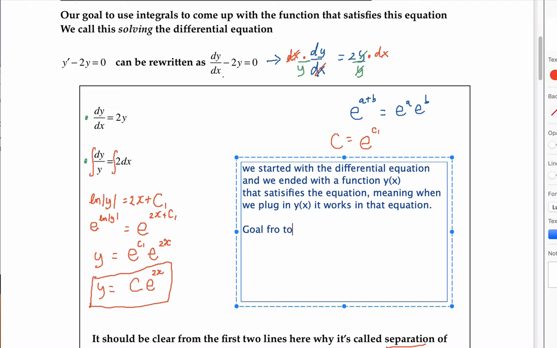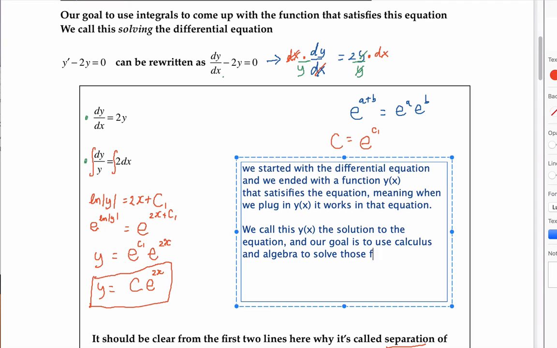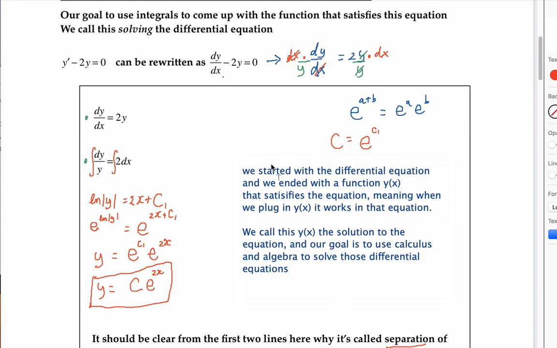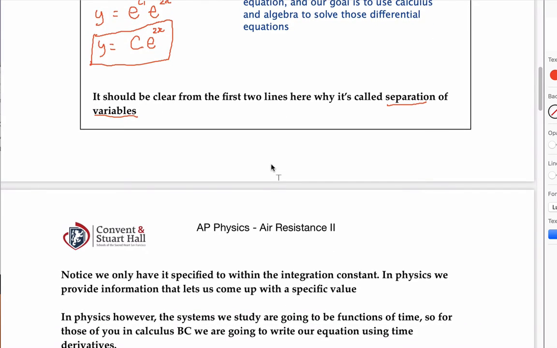We call this y of x the solution to the equation, and our goal is to use calculus and algebra to solve those differential equations. That's our whole goal for today on this part here.